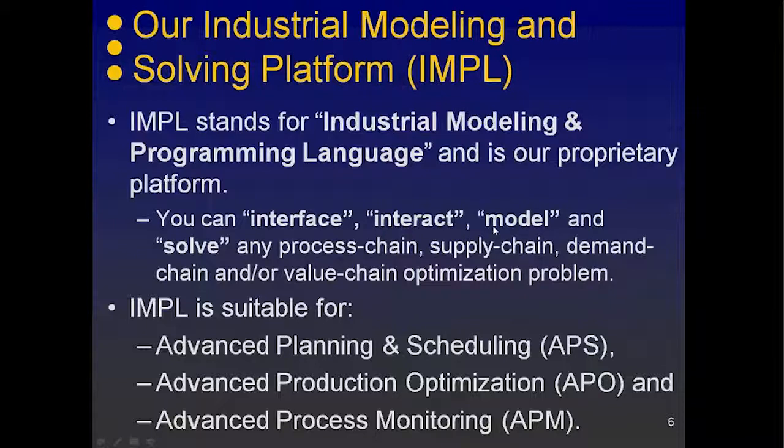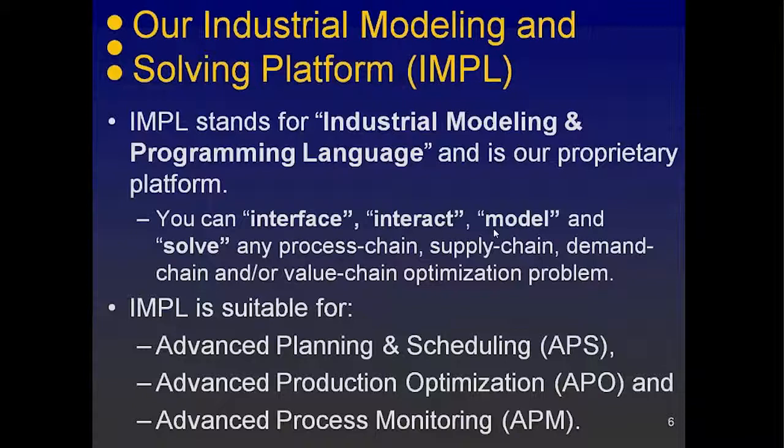And then we model it for you, in the sense that we generate all of the gingerbread boilerplate types of constraints: material balances, quantity balances, inventory balances, logic balances, logistics balances, as well as quantity times quality. If you have flow times octane, we'll generate all of those constraints for you, and what you do is configure it.